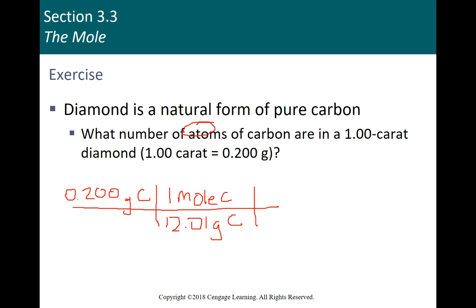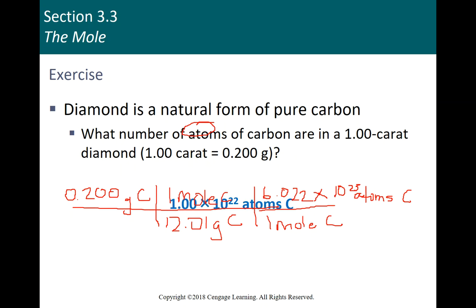And then we know that 1 mole of carbon has 6.022 times, my writing is awful, times 10 to the 23rd atoms of carbon. And when you do that calculation out, you come up with 1 times 10 to the 22nd atoms of carbon in 1 carat. So a lot of atoms in 1 carat of carbon.